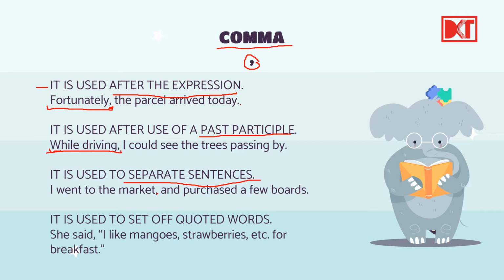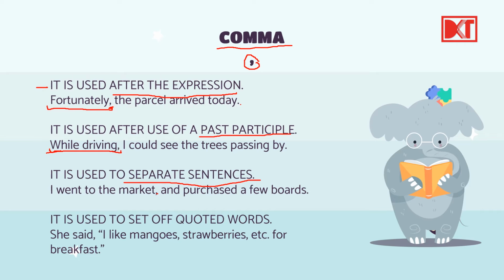Alright. The other usage is to set off quoted words. For example, she said, comma. Now when we are telling what someone has said exactly, when we are quoting somebody else, we say she said, and then give her exact words.